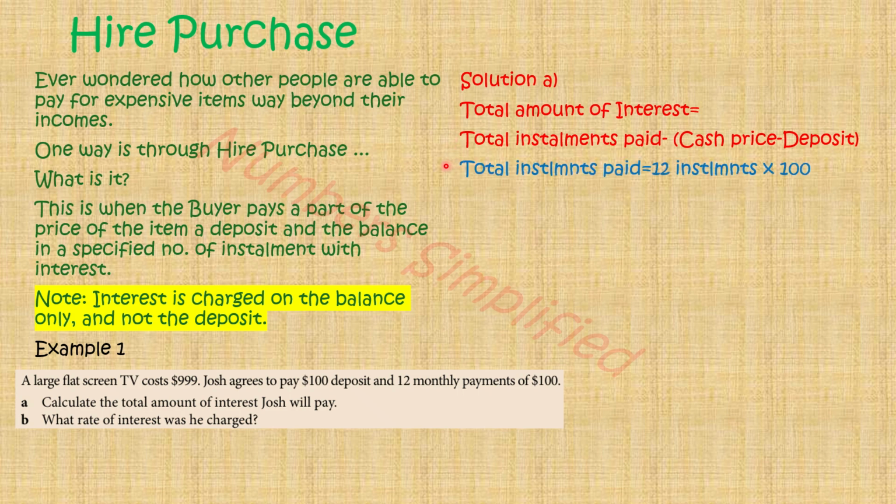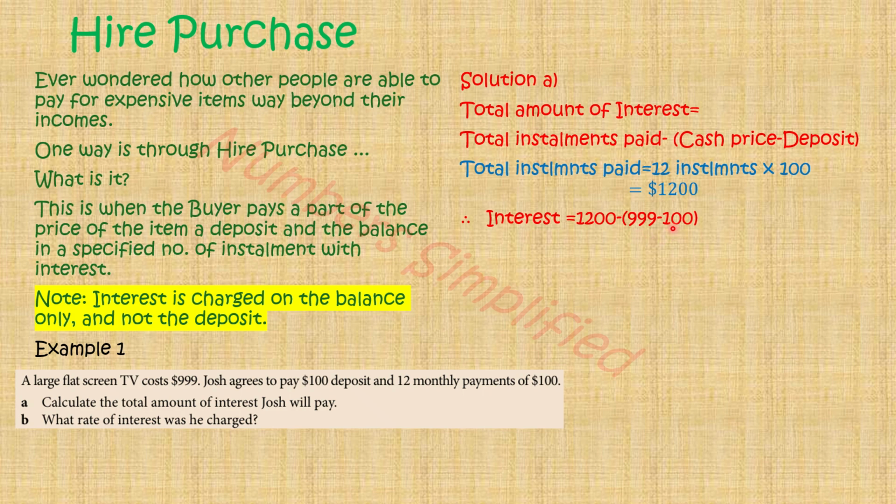Great then, so the total installments paid, this is 12 months. So now for each month, we see that the payment is $100. So after all the payments, the total installments will amount to $1,200. Then this means that the interest is going to be that amount that was paid in installments minus the cash price of $999 minus the deposit.